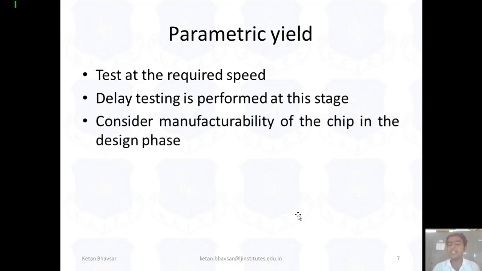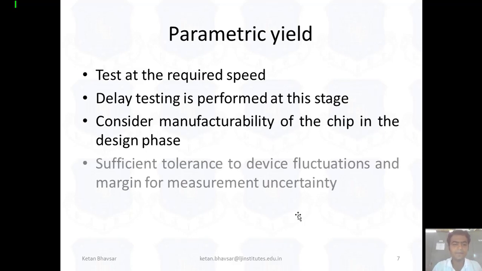Consider manufacturability of the chip in the design phase. Sufficient tolerance to device fluctuations and margin for measurement uncertainty. So when we are dealing with this type of parameters, we have to check the tolerance, in terms of the fan in, fan out capability of the pins, how long the pin is driven.